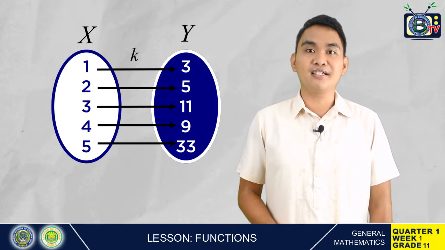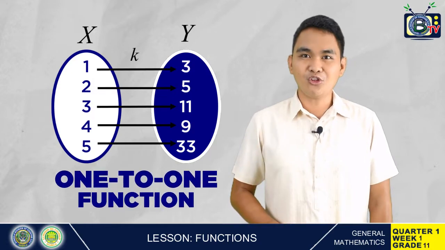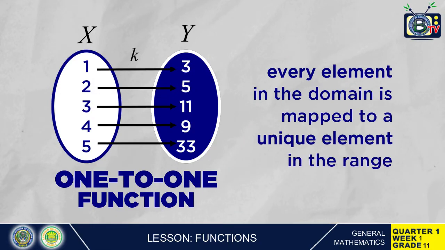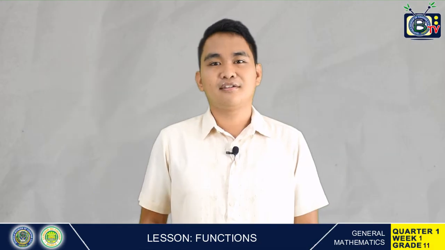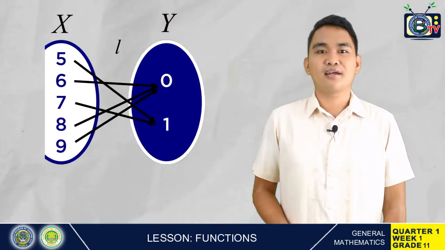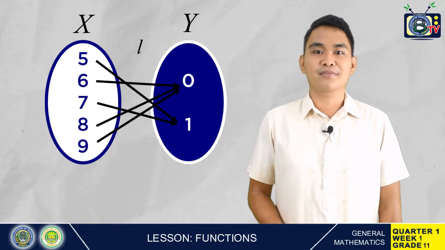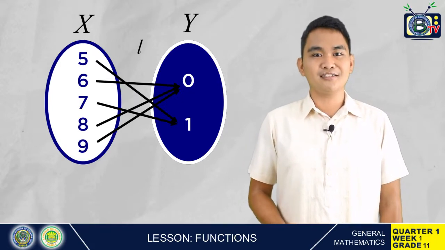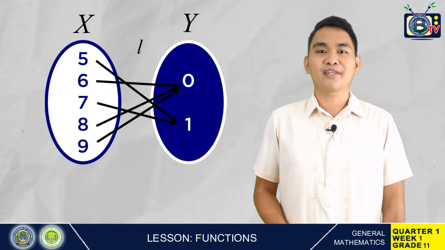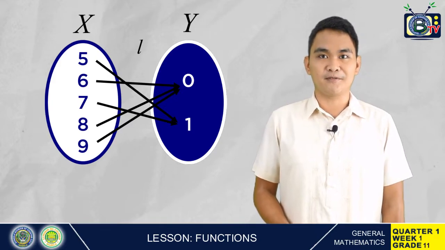This mapping is classified as a one-to-one function, in which every element in the domain is mapped to a unique element in the range.